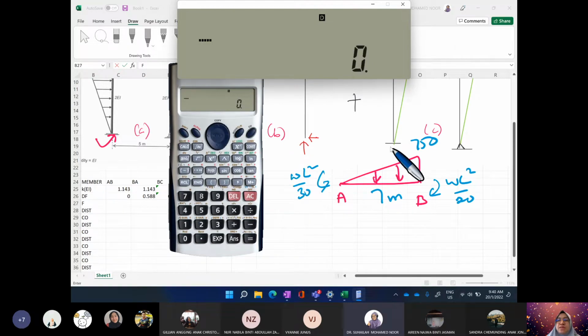WL squared over 30. W is 750 times L is 7 squared over 30.